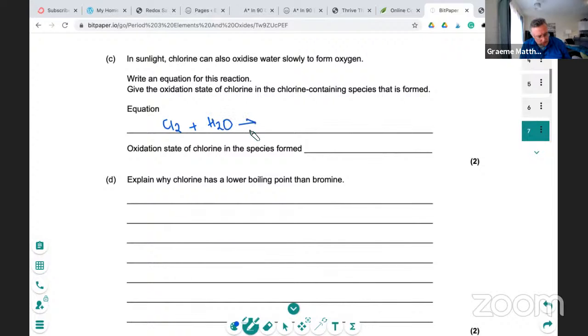Now this one, chemists, not too much going on. You see the Cl2 here. The only thing it could possibly do is become Cl minus, right?